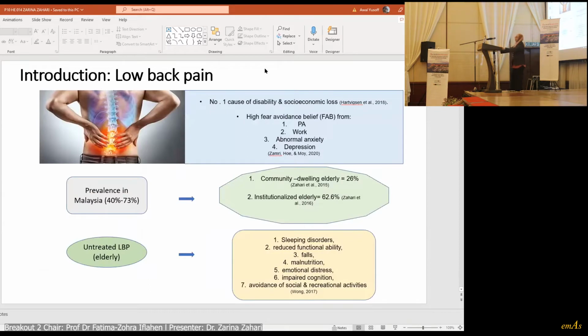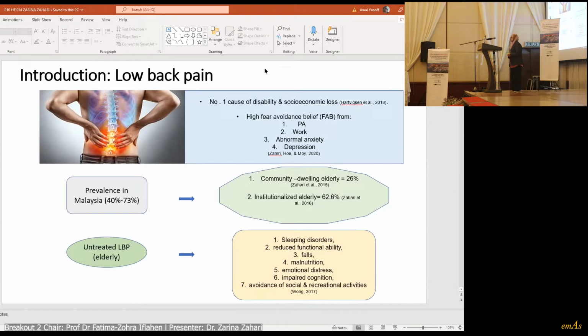All right. Okay, as we know, low back pain is the number one cause of disability and socioeconomic loss globally. There is high fear avoidance belief from physical activity, from work, abnormal anxiety, and also from depression.